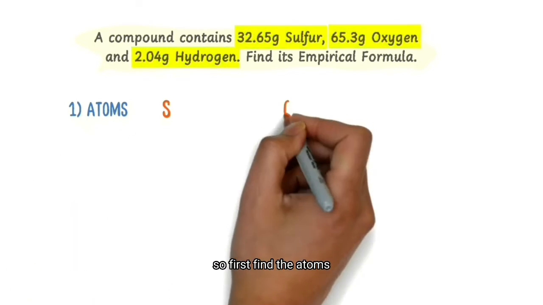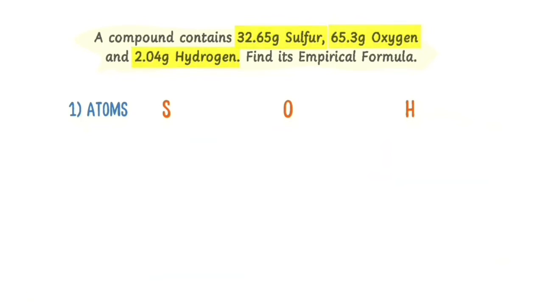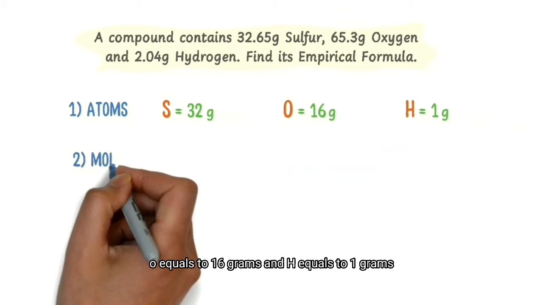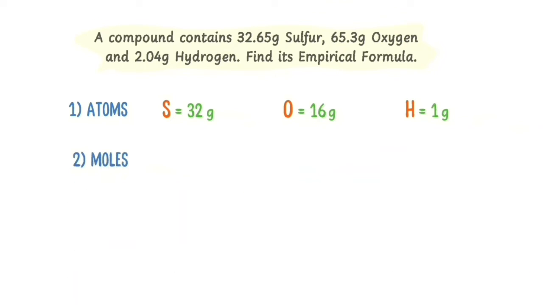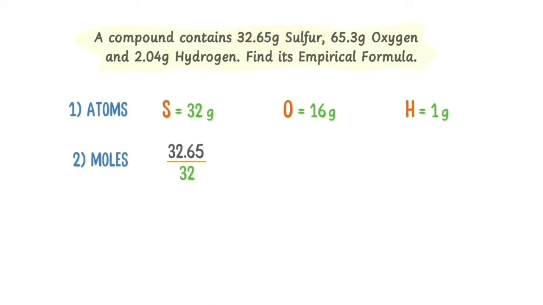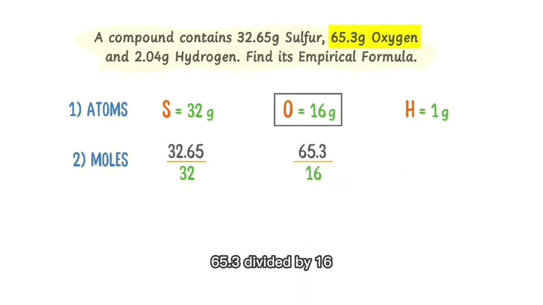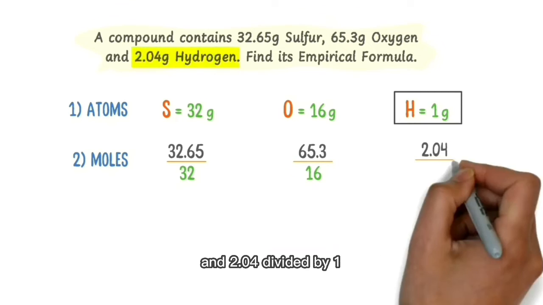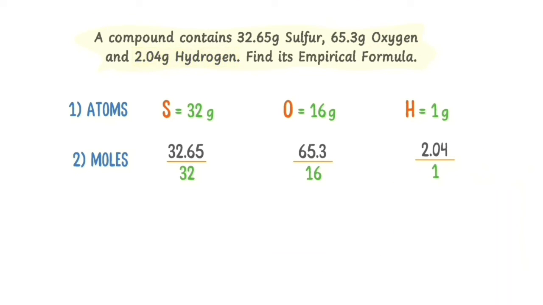So first, find the atoms. S would equal 32 grams, O equals 16 grams, and H equals 1 gram. In step 2, the moles: it would be 32.65 divided by 32, 65.3 divided by 16, and 2.04 divided by 1.